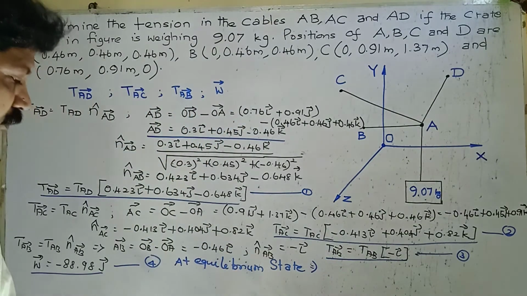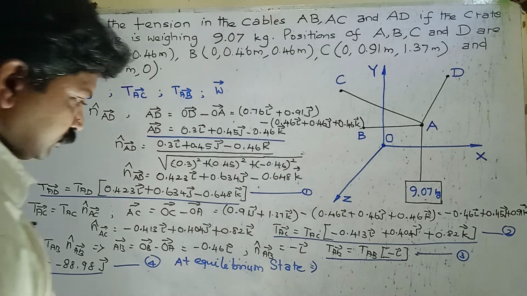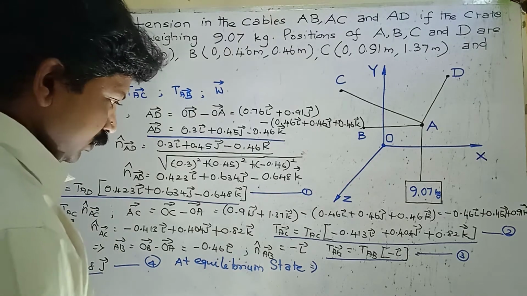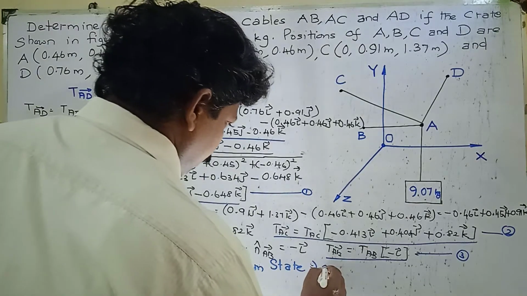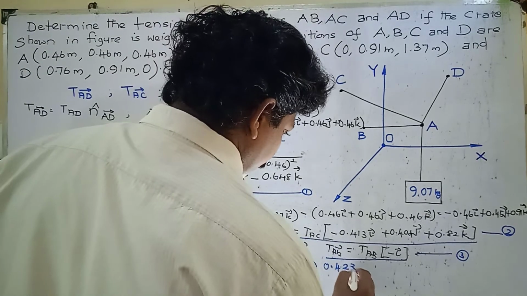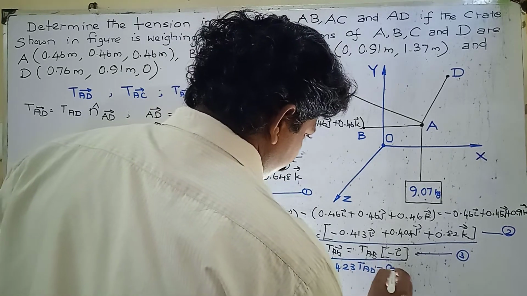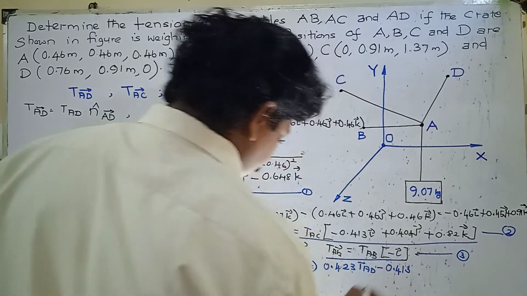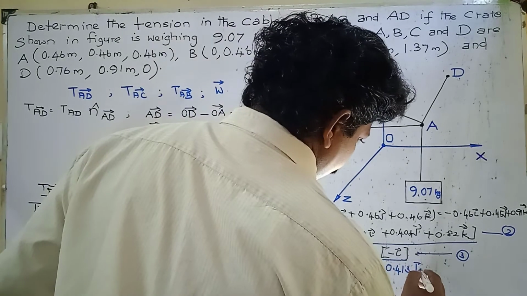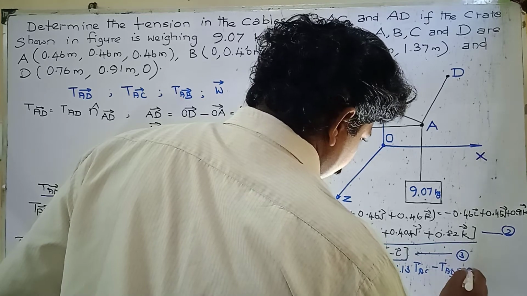You have to find the first equation: 0.423 TAD minus 0.413 TAC minus TAB equals 0.